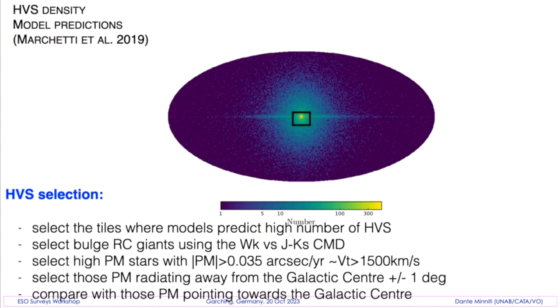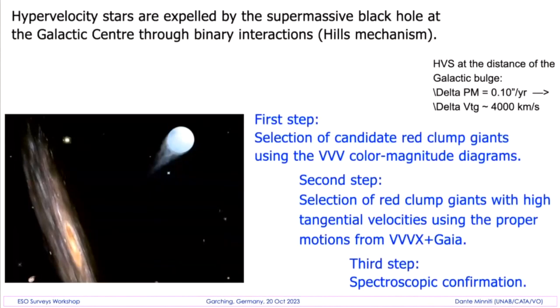And just to mention the results of his thesis, he looked for hypervelocity stars in the most difficult part of the Milky Way, right in the galactic center. But this is the best part to look, because this is where they are produced, as predicted by some models. The first thing that he did was select red clump giants, so they are there. And then he looked for the ones that have a high tangential velocity, so high proper motion.